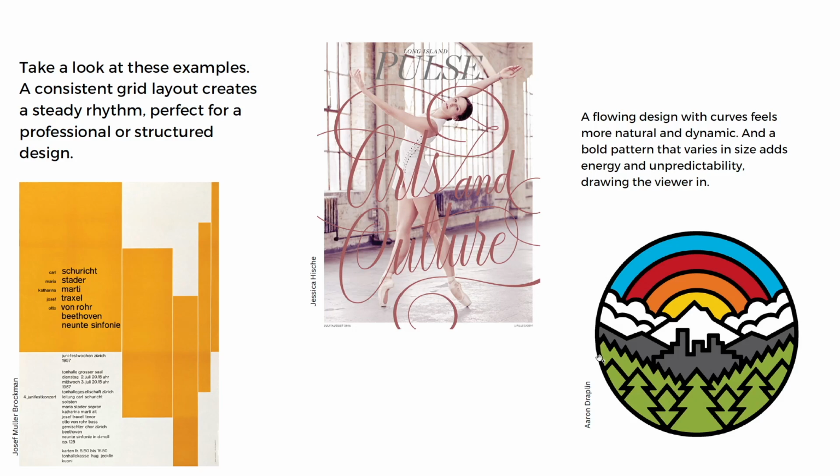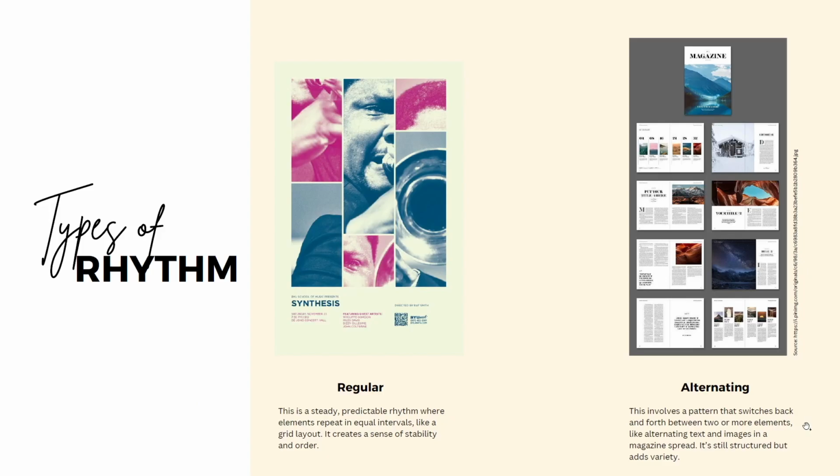But on the far right with Aaron Draplin, the bold pattern that varies in size is going to add energy and unpredictability, which is going to help draw that viewer in. Especially with this, you get the color shift, you have some neutrals in the middle, and then it flows into that rainbow pattern. So we might not be expecting the grayscale, especially when it's surrounded by such bright, vibrant colors.